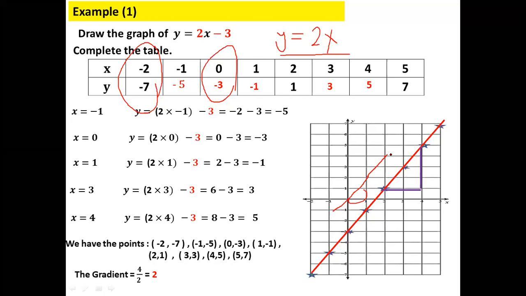Who wants to help? Roa, how are you? They're parallel. Excellent. Lines that have the same gradient are parallel lines.